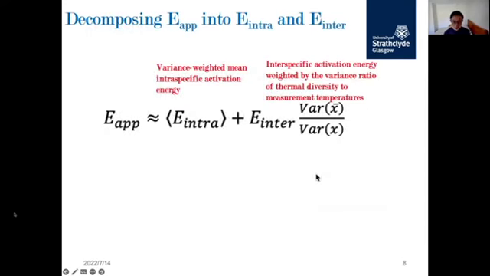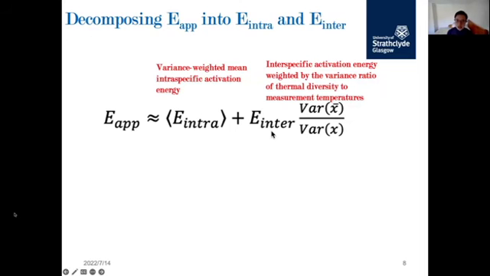The key element of our study is a very simple and elegant theorem. We can partition the apparent activation energy into an intraspecific contribution and an interspecific contribution. This is the intraspecific part, a variance-weighted mean intraspecific activation energy, weighted by the variance of each experimental temperature.